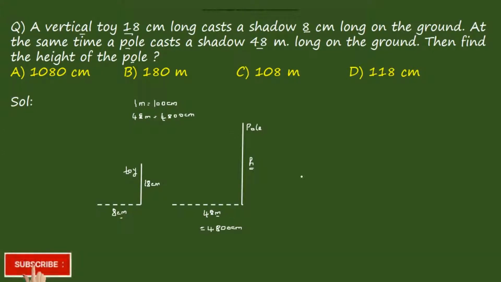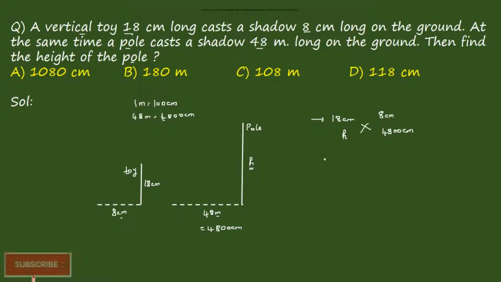We know that an 18 centimeter height casts a shadow of how much? 8 centimeters. So for how much height will it show 4800 centimeters of shadow? We have to find it out.